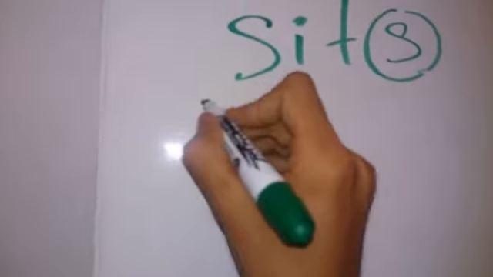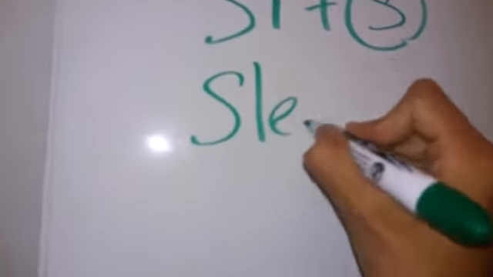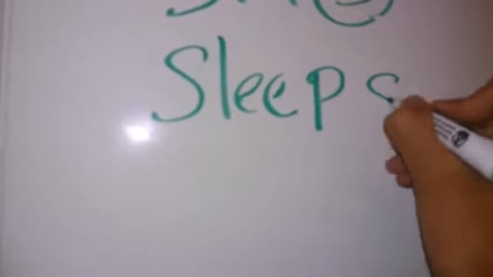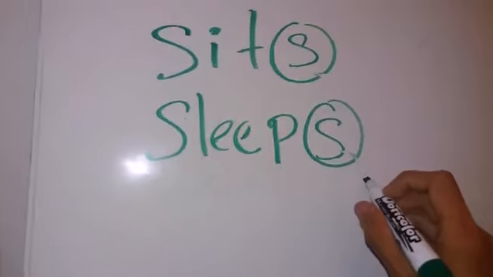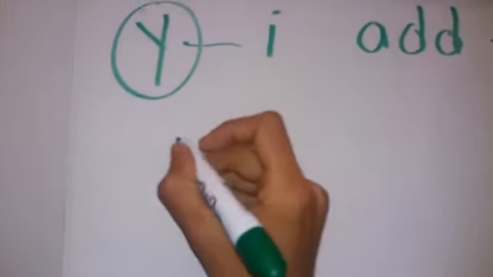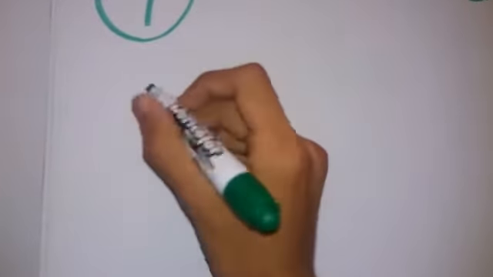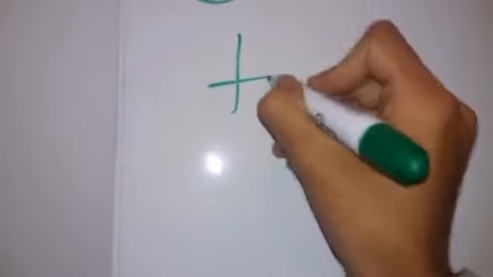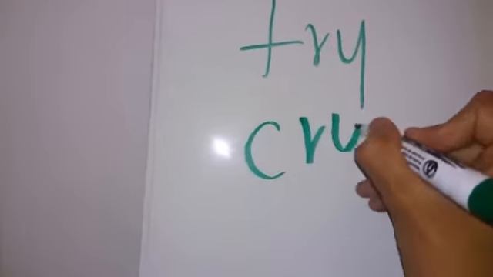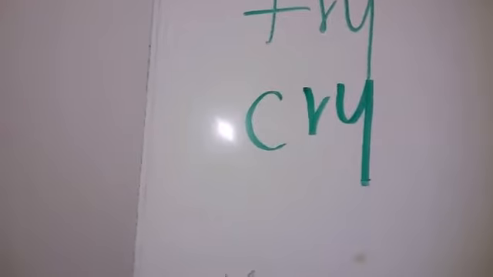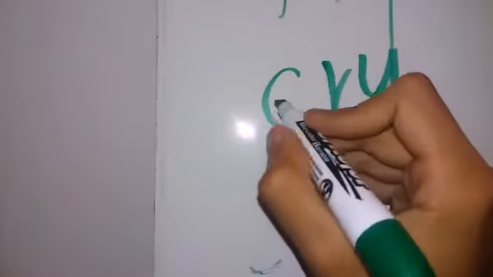Another verb is the verb sleep, we add an s for the third person. But there are some verbs, like the verb try, the verb cry, and the verb fly.